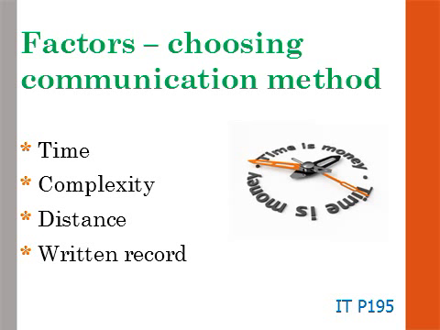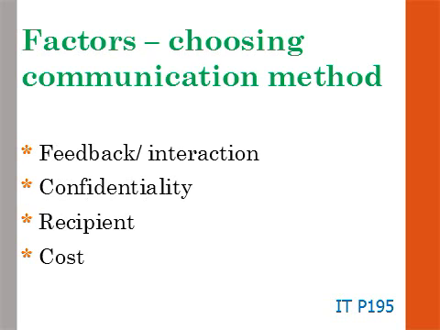Distance: how far does the message need to travel, over the office floor, or to a distant country? Written record: a written record may be needed as proof, for legal purposes, or to aid memory. It can be duplicated and sent to many recipients, and stored for later retrieval and analysis. Feedback and interaction: how quickly is feedback needed, and how many responses are needed?